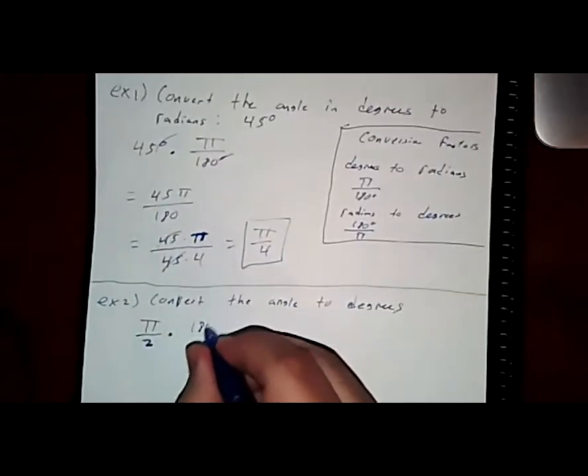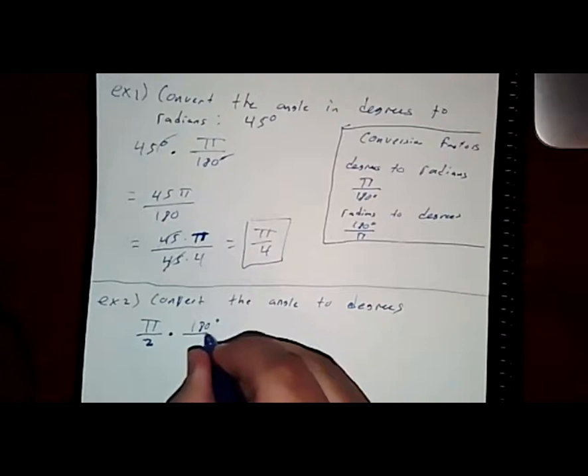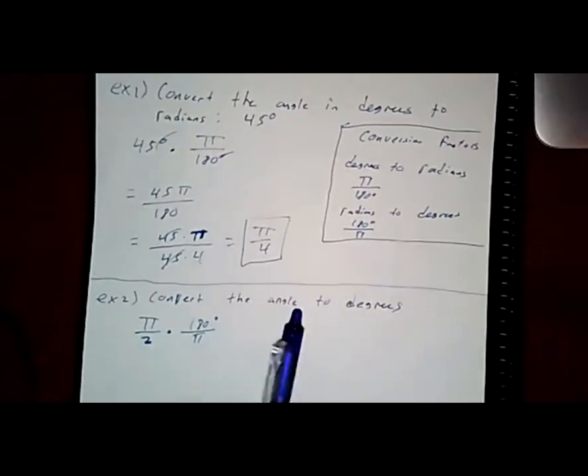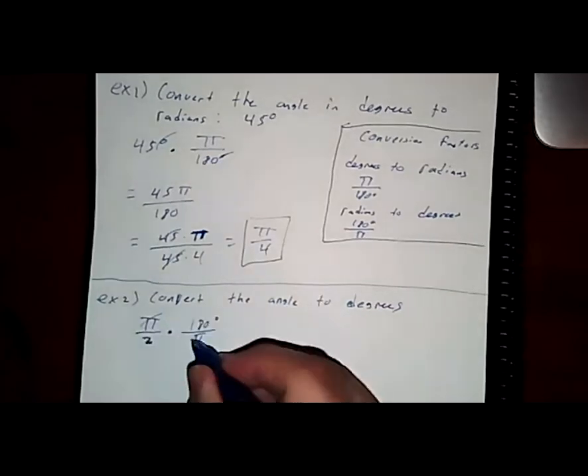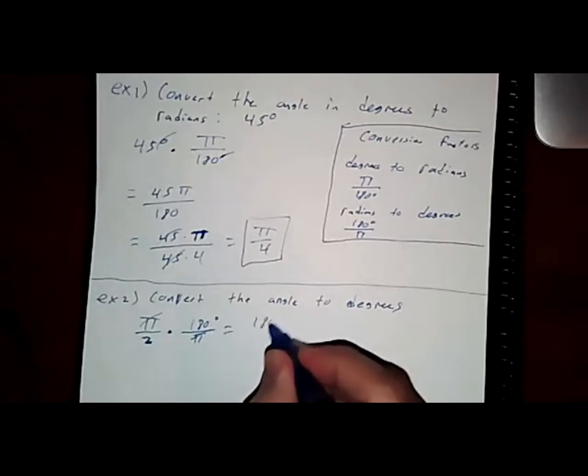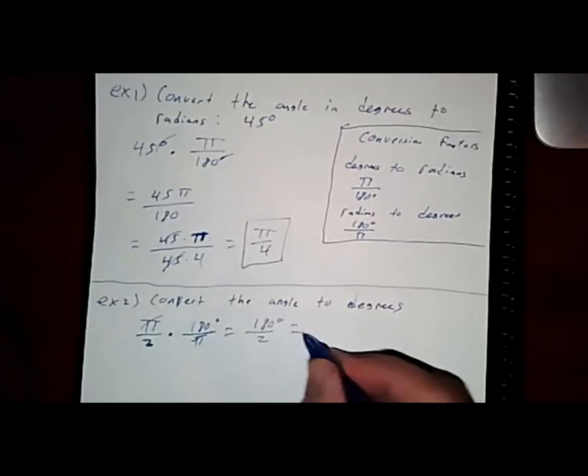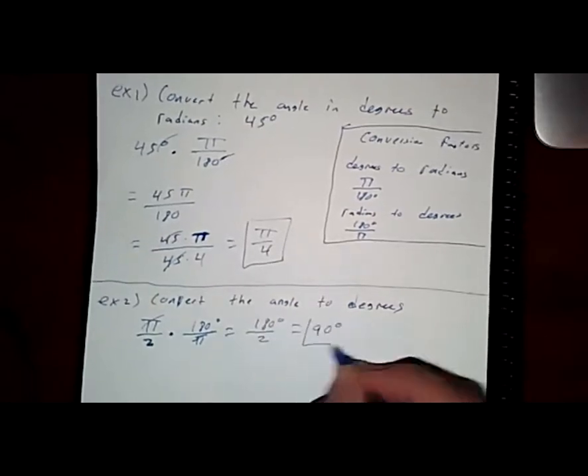So here is... so that will cancel, leaving you with 180 degrees over 2, which is, of course, the answer we already knew.